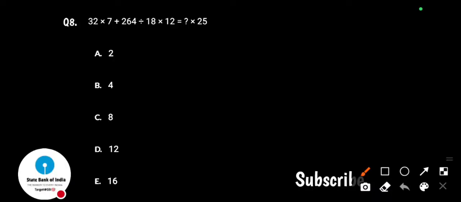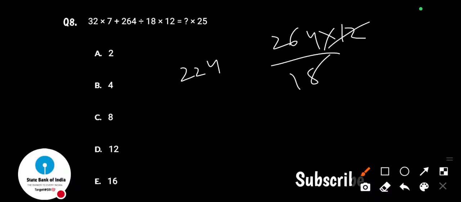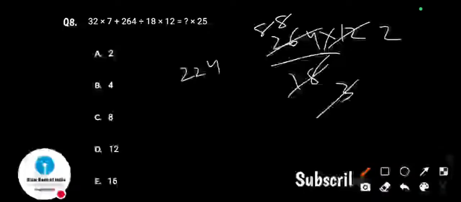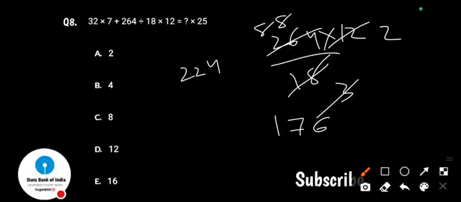7 2 times will be 14, and 7 3 times 21, 22, plus 18. We have 264 into 12 divided by 18. 6 2 times, 6 3 times, 3 8 times and 8 times. 88 to 2 times, which will be 8 2 times 16, and the sum of them we have 176.